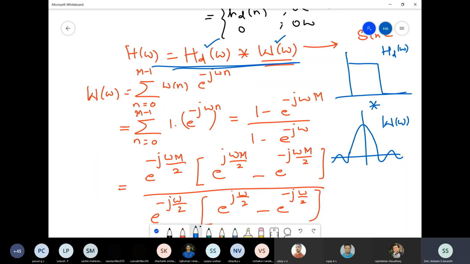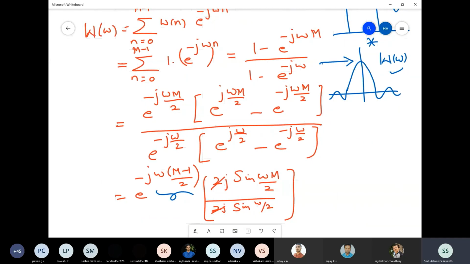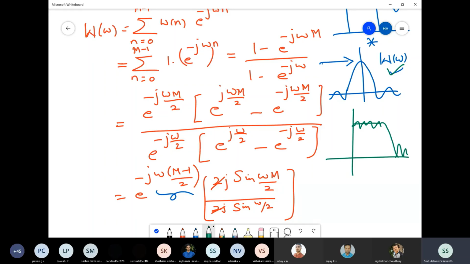So when you convolve these two functions, what do you expect? How does the convolution happen? You're going to shift this function to the left, and then keep on shifting it right and multiplying with the other function, right? So can you expect something like this to happen? The straight response which was there ideally, since you're convolving with this sinc function, you can expect ripples in the passband. Likewise, some gradual transition, and then ripples in the stop band.